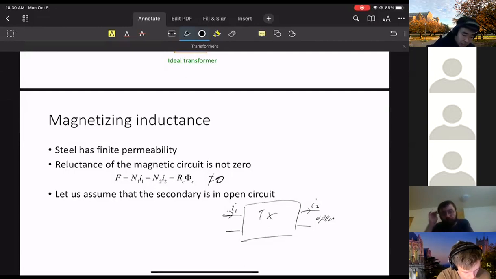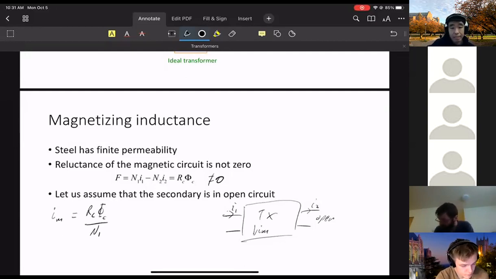So IM, you can think of as the current flowing this way. This is now Rc phi c over N1. If I open the secondary, the current has to go somewhere.